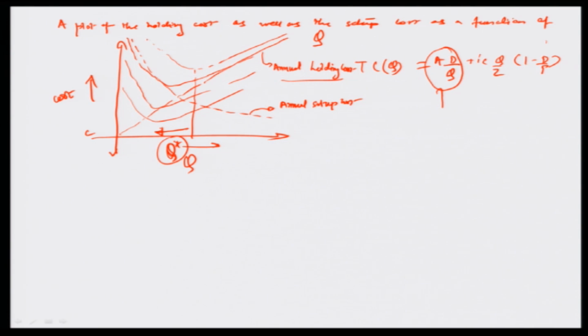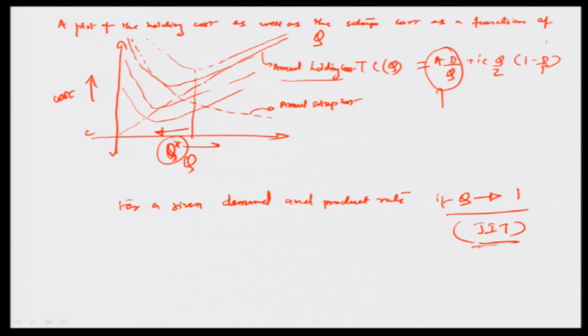And the whole idea is that for a given demand and production rate, if Q can really go to the JIT level, which is actually operating at a single stock, or maybe corresponding to one item as the only inventory involved in this whole process, the overall setup cost in that event should be the minimum.